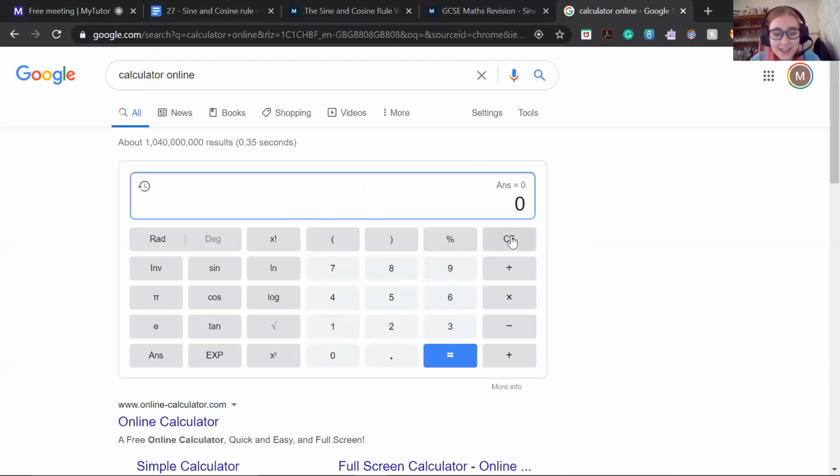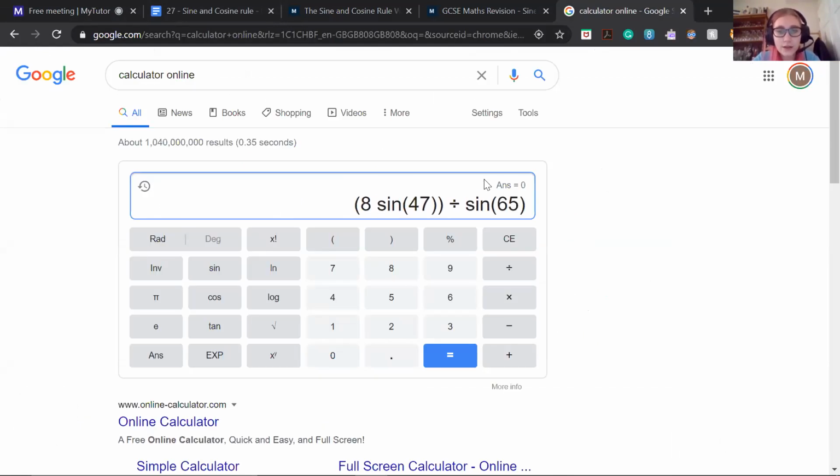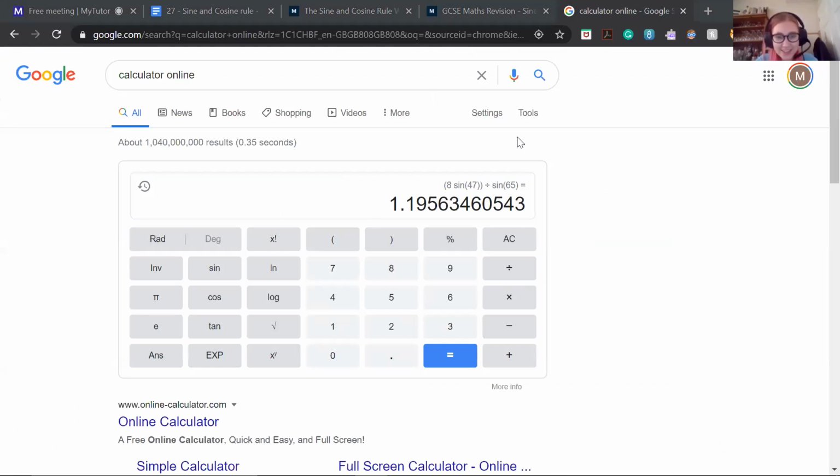Right, 8 sine 47, all of that. Okay, I'll put it in brackets. 8 sine 47 divided by sine 65. And there you go. Hopefully that's what you guys got as well. 1.19 or 1.2.